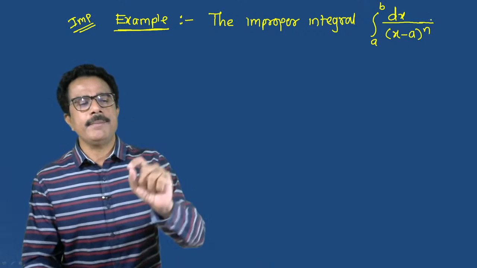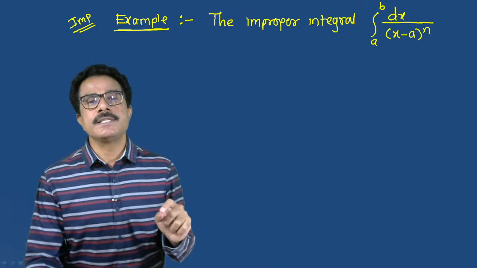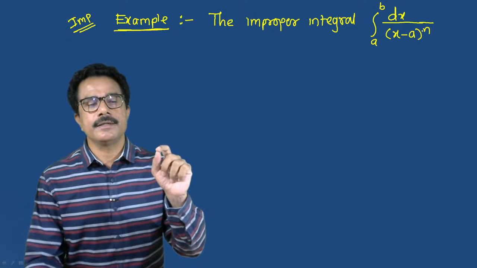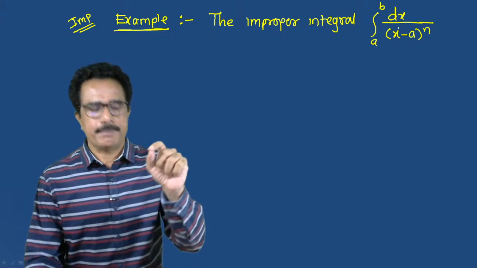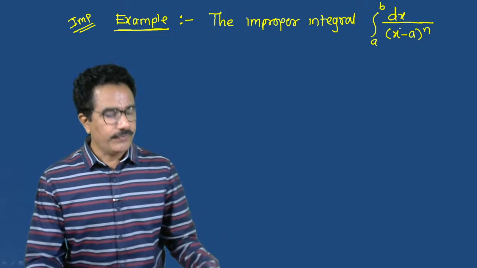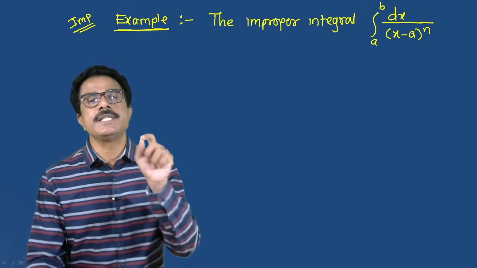Now students, tell me this integral is improper at which point? See, this given integral is improper, but you tell me for which point this integral is improper.